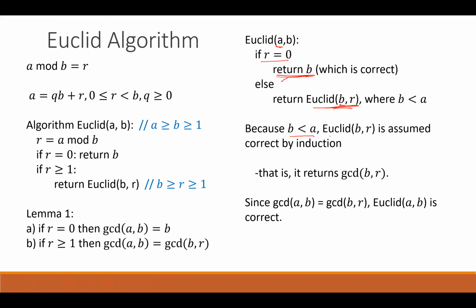Since I know that it is less, I can assume that this is correct by induction. Thus, it returns the greatest common divisor of B and R. And we know that the greatest common divisor of B and R is equal to the greatest common divisor of A and B. So in both the base case and the recursive case, Euclid returns the greatest common divisor.